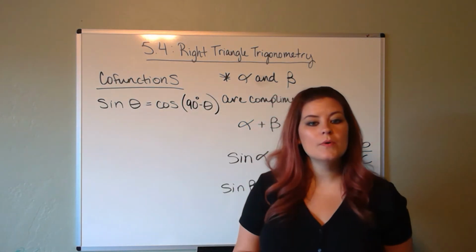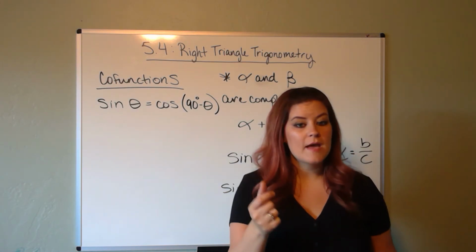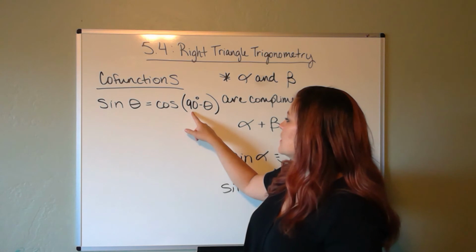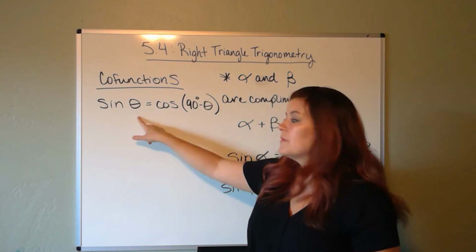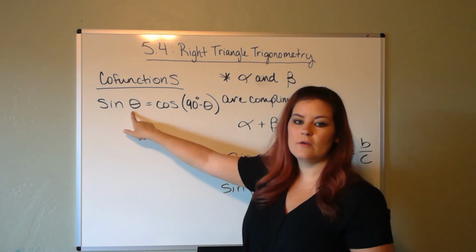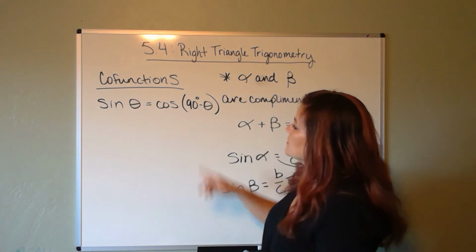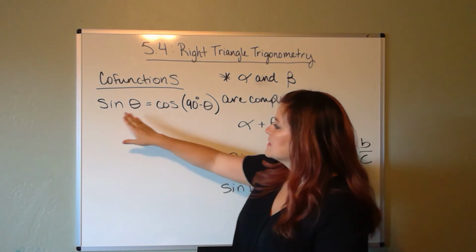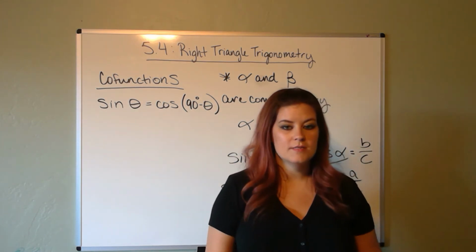If you don't know an angle value, you can still find its complement. Remember, they both add up to 90. So saying 90 minus theta would be another way of saying the complement of theta. Basically, you take 90, take your theta away, and whatever's left over is its complement. So this is true. It means that sine and cosine are what we call cofunctions of each other.